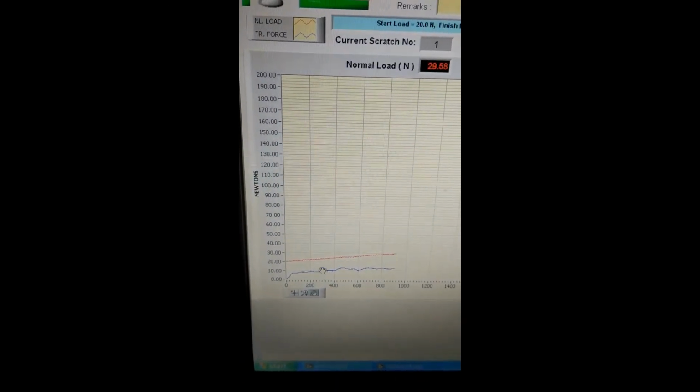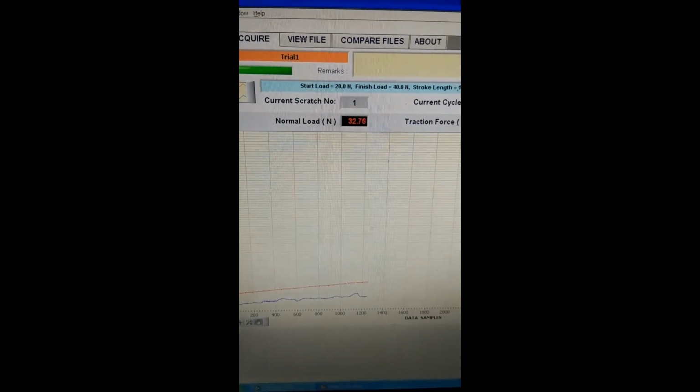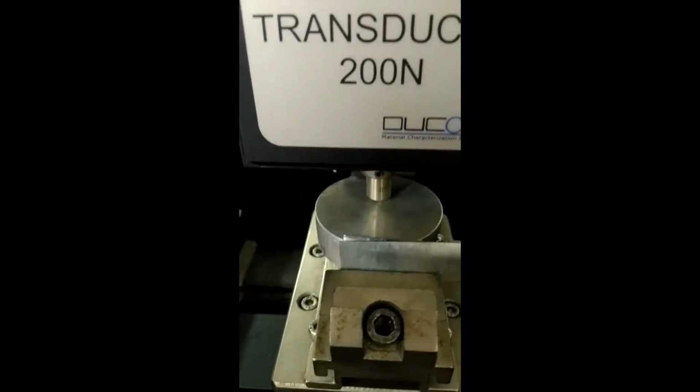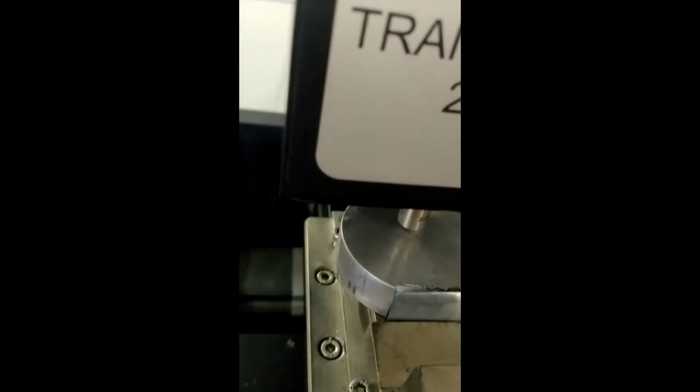You are seeing two graphs trending. The red one represents the normal load, and the blue one represents the traction force. Traction force is nothing but the load at which the indenter is traveling on the surface of the specimen, that is, while making the scratch.